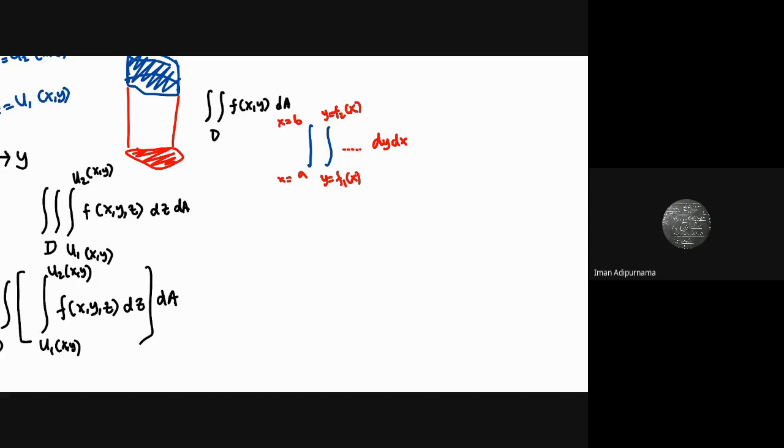And maybe this is the surface that you can have. So this is a constant, single variable, and then the second part is, if you are having a triple integral, this will be dz, and this will be, let's say, u(x,y).